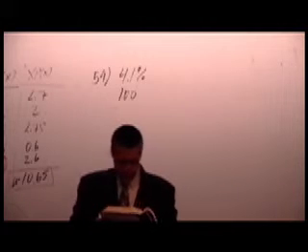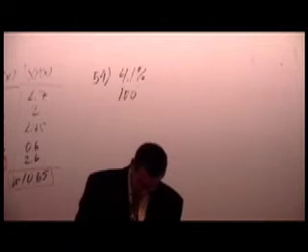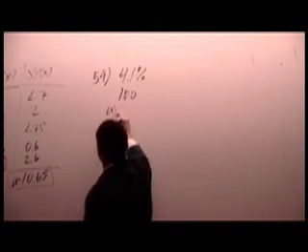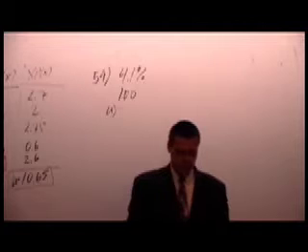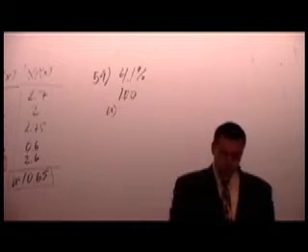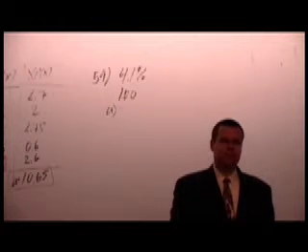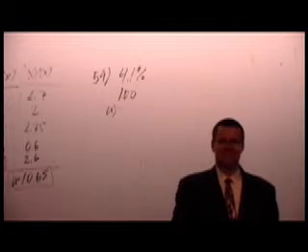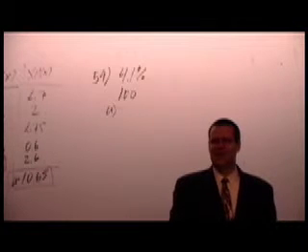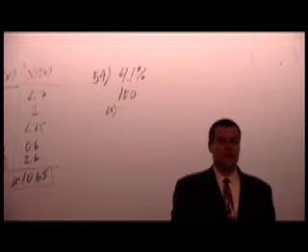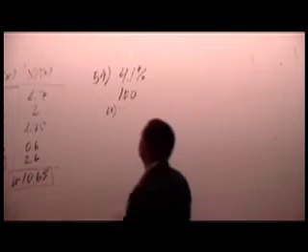And we're asked, first of all, what is the expected number of people who are unemployed? How might we answer that? It's 4.1, and how did you get that? Out of 100.